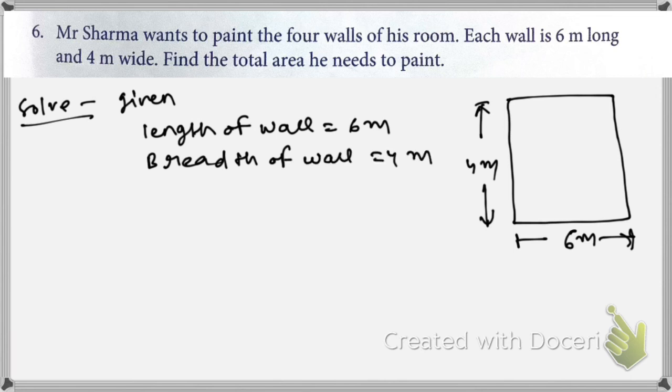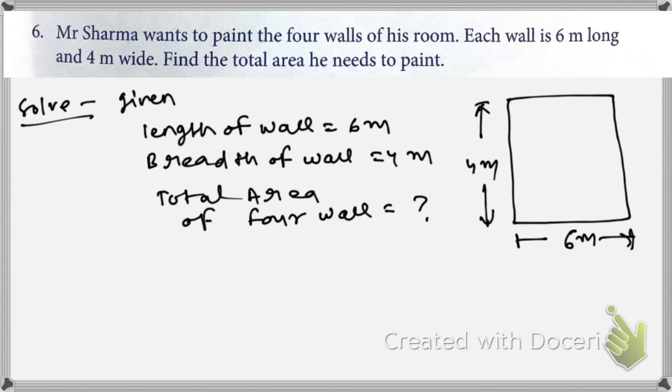Now we have to find the total area of 4 walls. So what we'll do is we'll find out the area of one wall and then we'll multiply it.